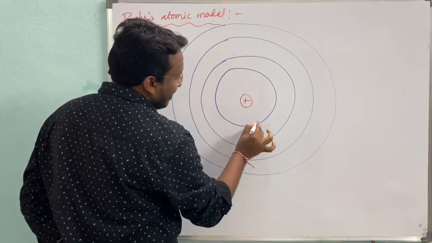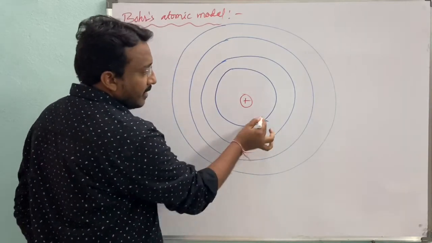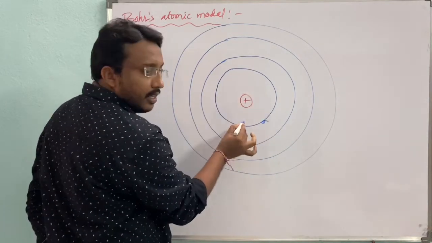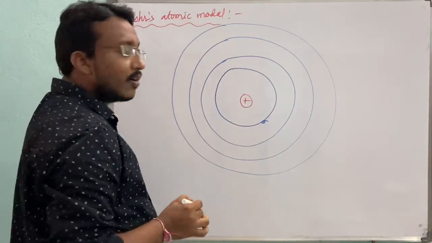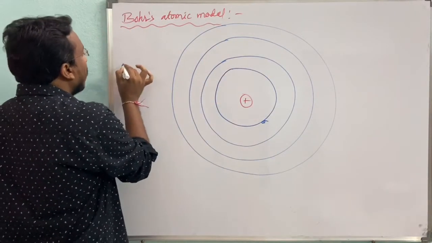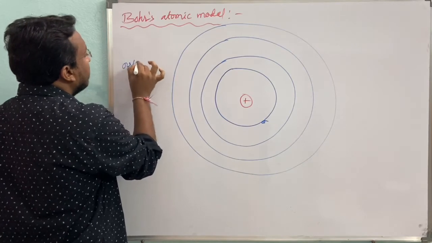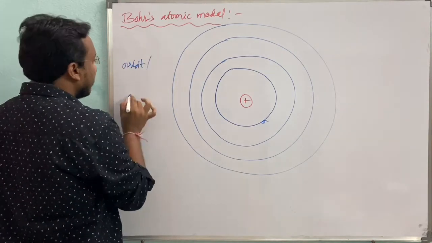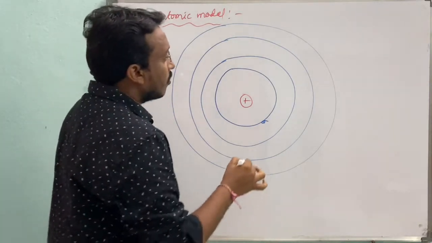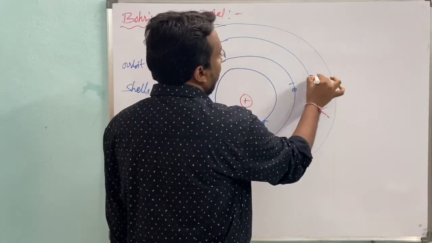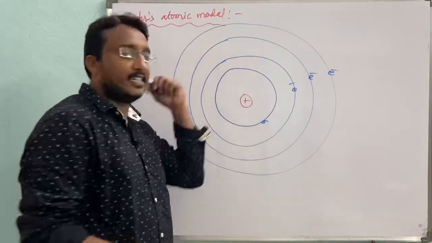Always, the electron present in a path revolves in its own path only. He called these paths orbits or shells. That means the electrons revolve in their own shells.